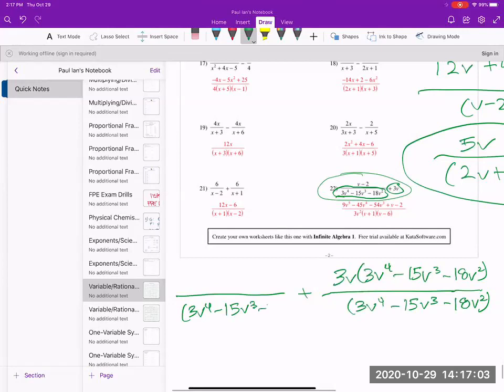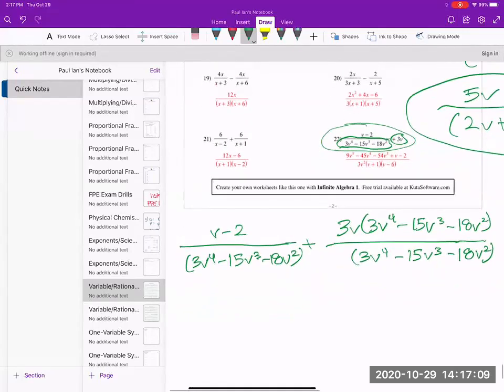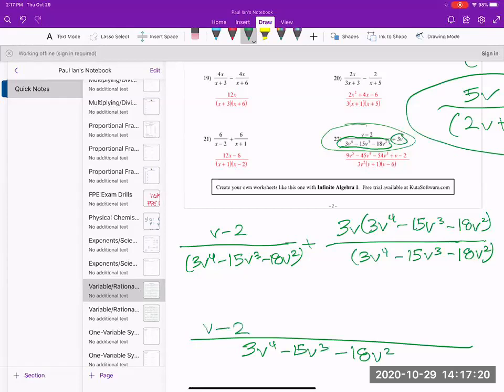So you have minus 18v squared and then v minus 2. So after that, you rewrite it like this. This one's easy because you already have a plus here. Just write 3v to the fourth minus 15v cubed, 18v squared.